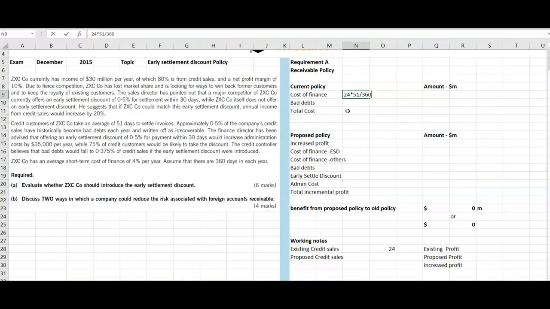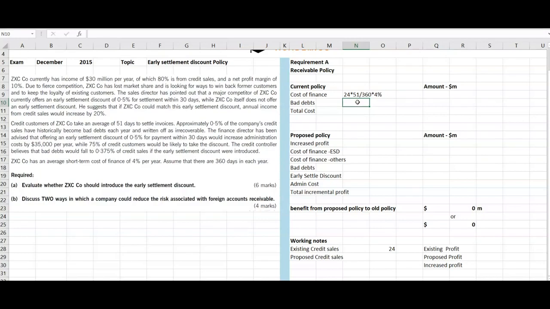Multiply this with the cost of finance. The cost of finance is 4%. So this will give us our cost of finance. And we'll move on to the bad debts. The existing bad debts are going to work as approximately 0.5% of the company's credit sales historically becoming bad debts.